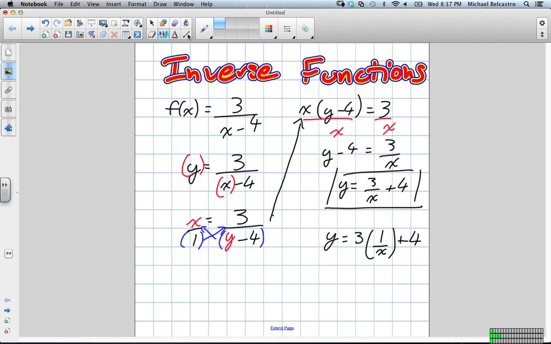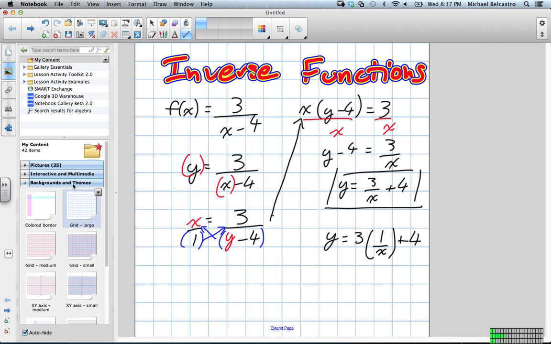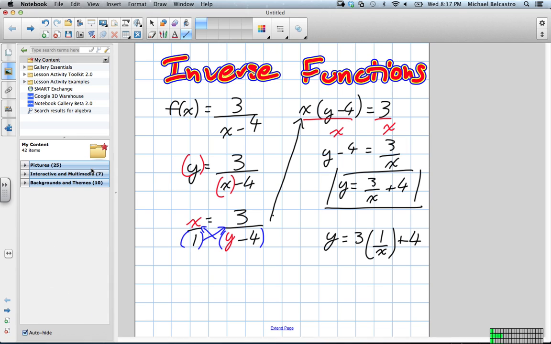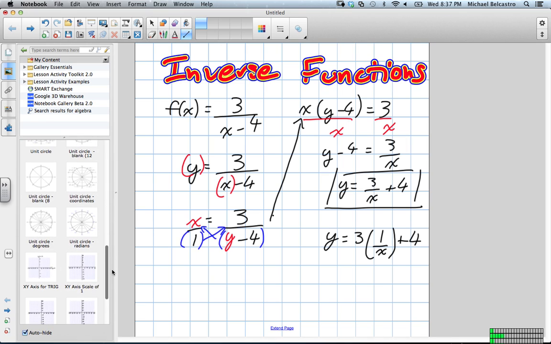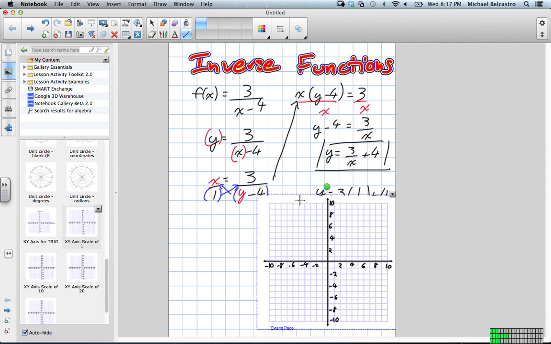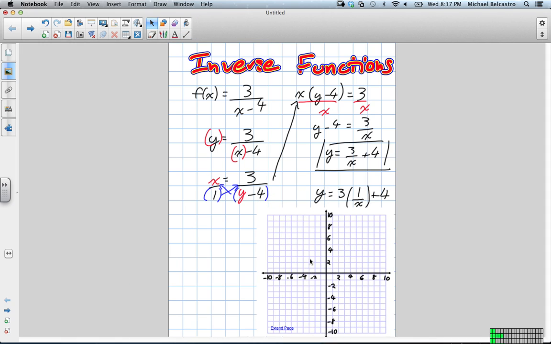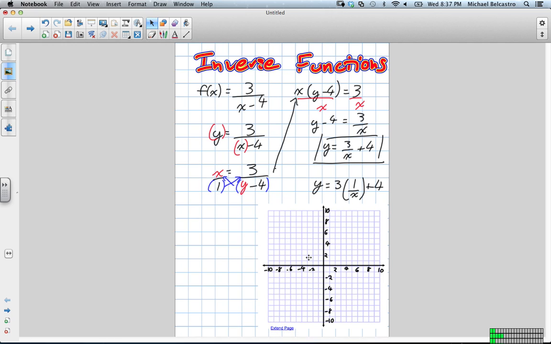While you do that, I'm going to set up a graph. It's the two curved lines. What are they called? There should be a name for it.